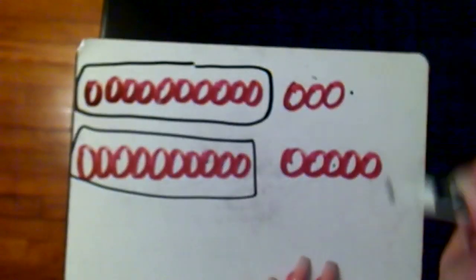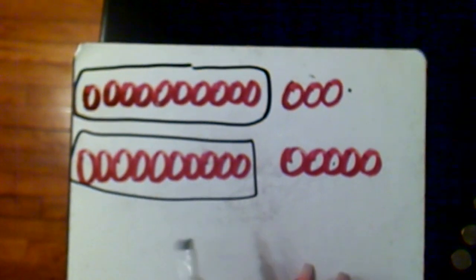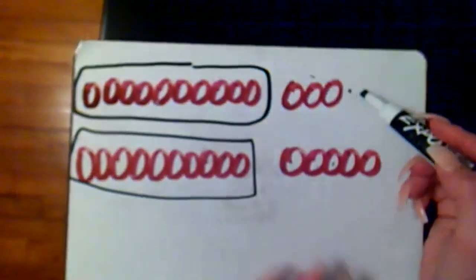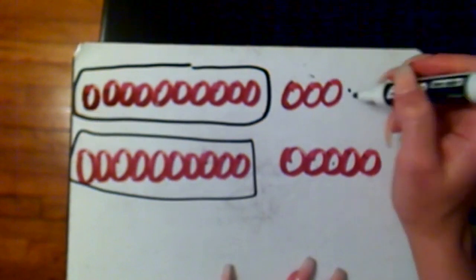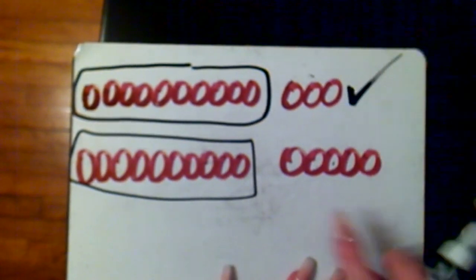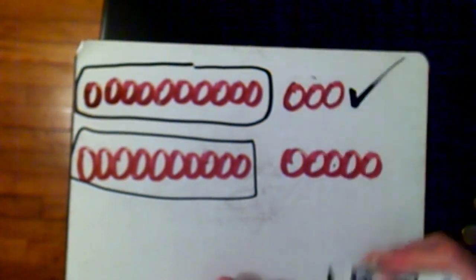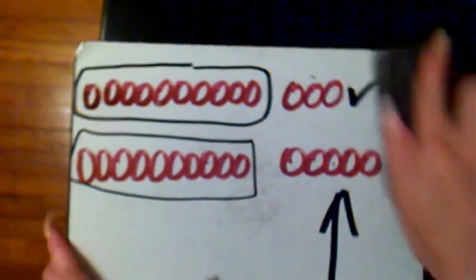Which group of extra ones has less? Point to it. If you pointed to this one, give me a high five. 10, 3. We know that 10, 3 is less because the number 3 is less than the number 5. We used our groups of extra ones to find the number that is smaller.